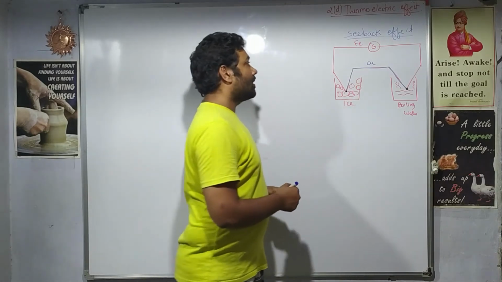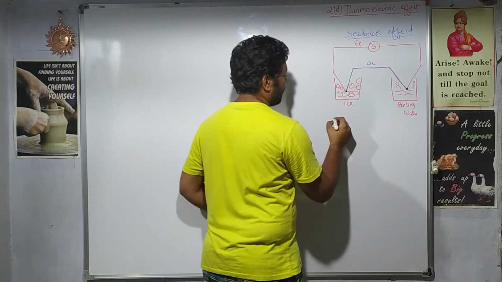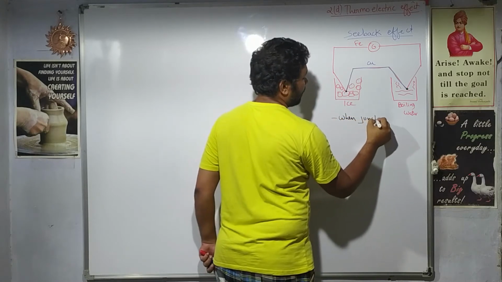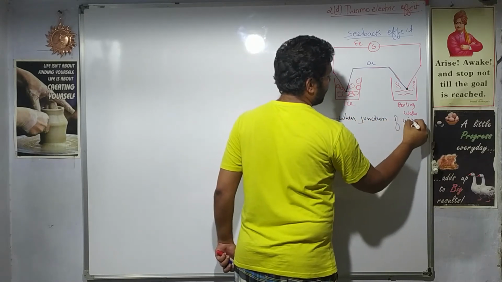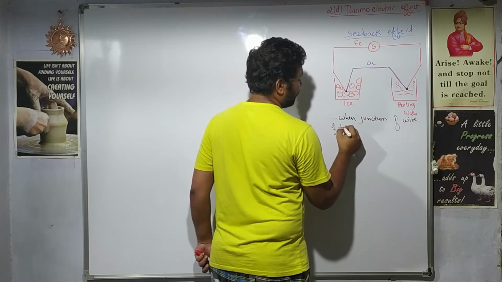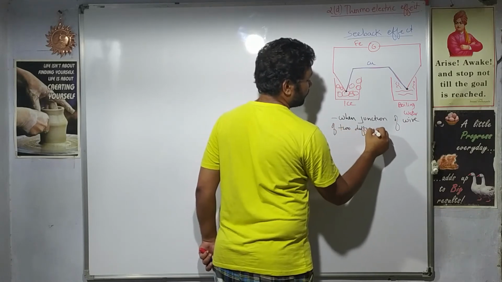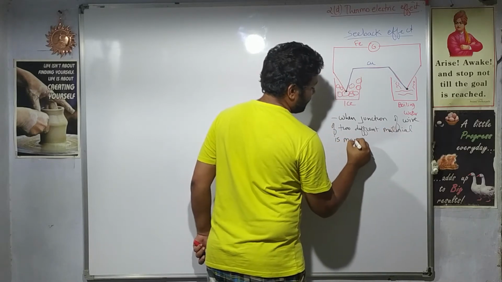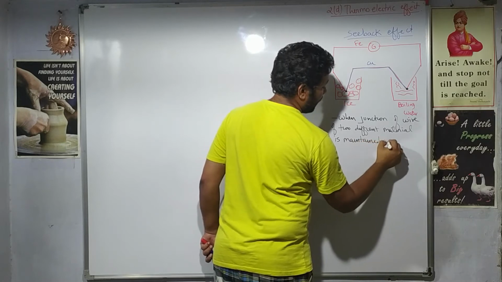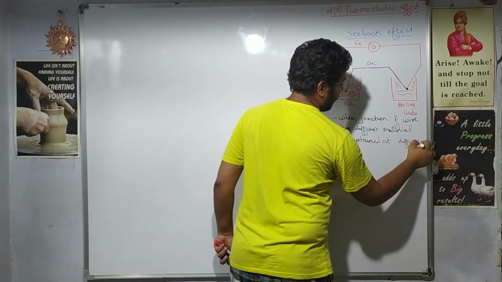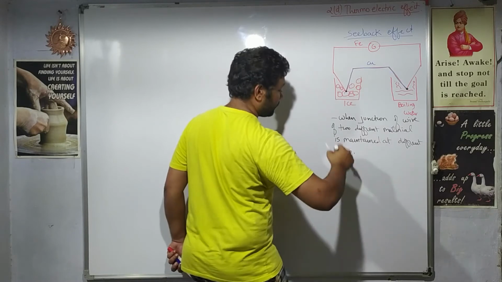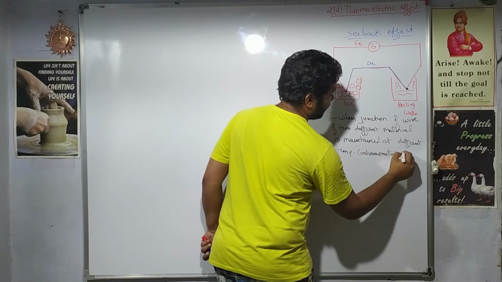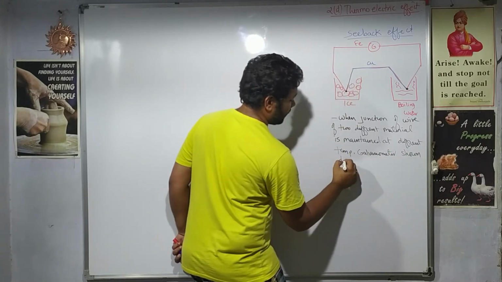Let us write down its theory. When junctions of wire of two different materials are maintained at different temperatures, the galvanometer shows deflection.